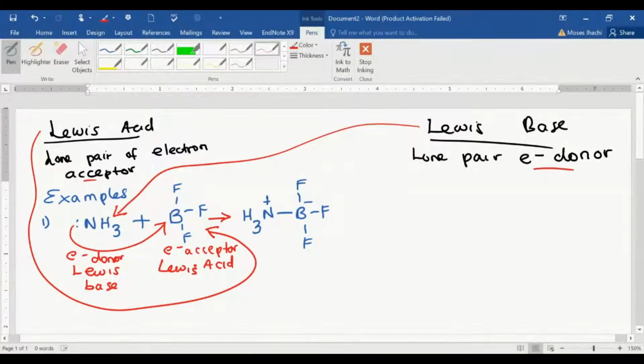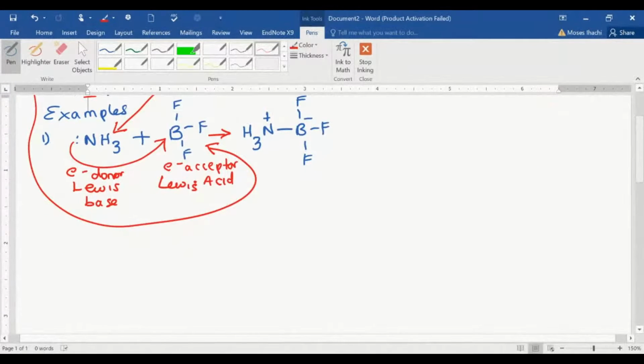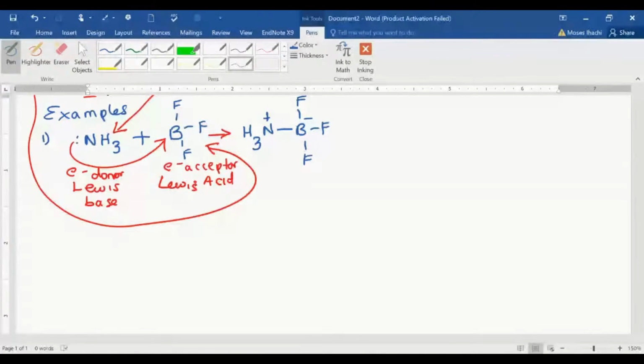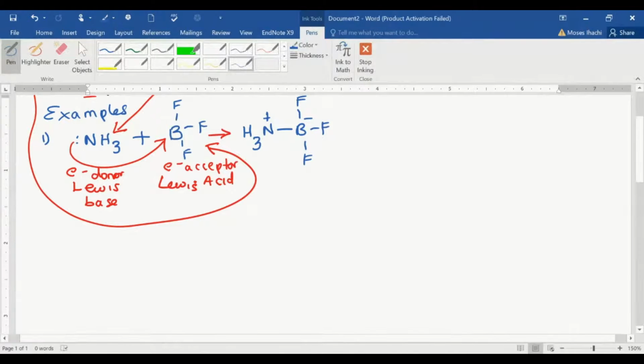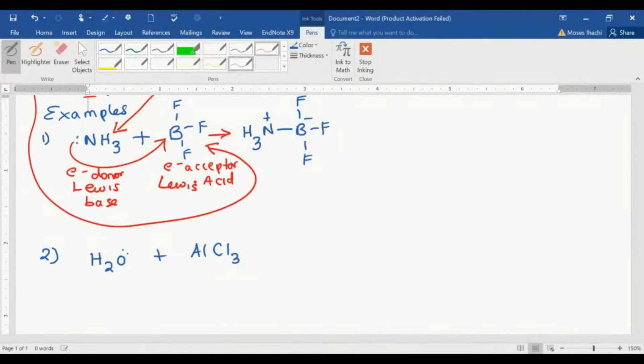Okay, so you can have another example here of Lewis base and Lewis acid. We can use this other example. So let's say you have H2O and it's reacting with AlCl3. Again, we're using a mechanism. You expect water to use its lone pair to attack the aluminum.